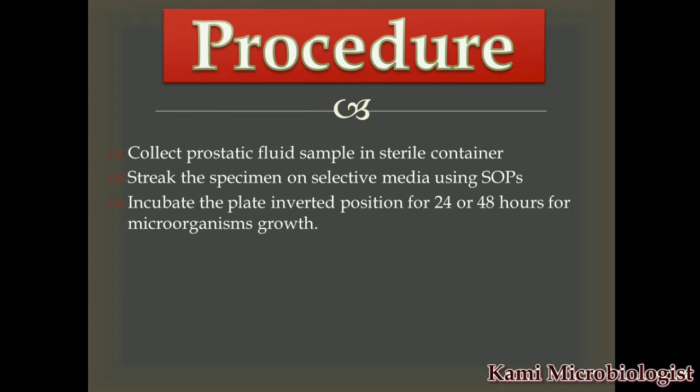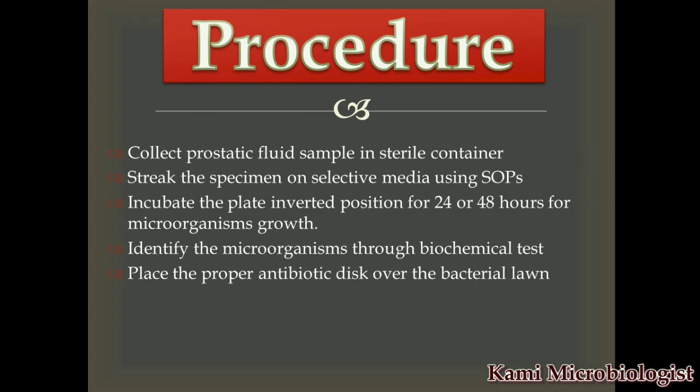Once you streak the plates, you will incubate them in an inverted position for 24 to 48 hours to check the bacterial growth. Once the bacterial growth is identified, you will perform the biochemical test. Through the biochemical test, the bacteria will be identified, and once the bacteria is identified, you will place the antibiotics.